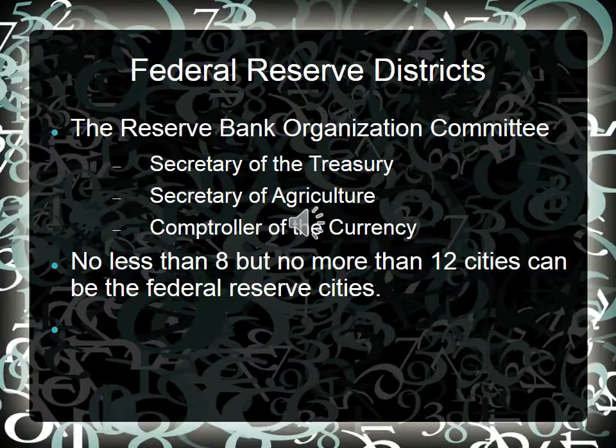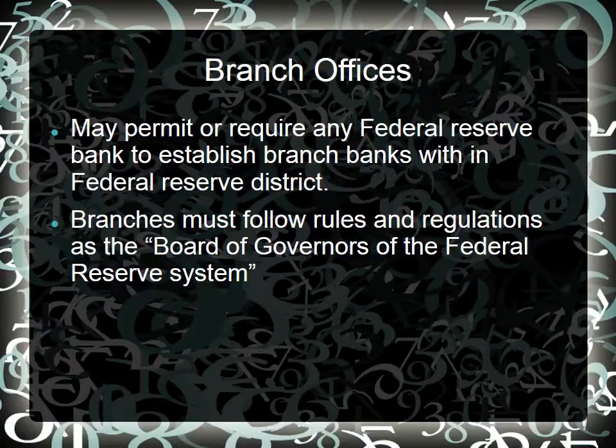The Federal Reserve Districts. The Federal Reserve Bank Organization Committee includes the Secretary of the Treasury, the Secretary of Agriculture, and the Comptroller of the Currency. There are to be no less than 8, but no more than 12 cities to be part of the Federal Reserve cities.